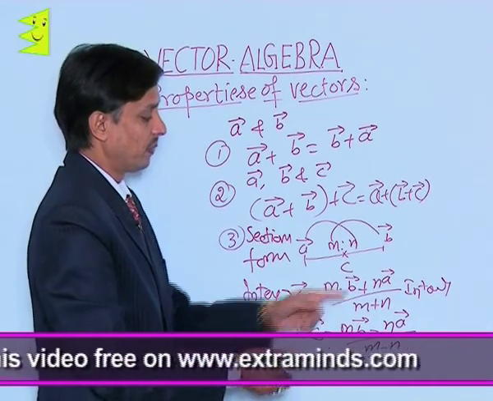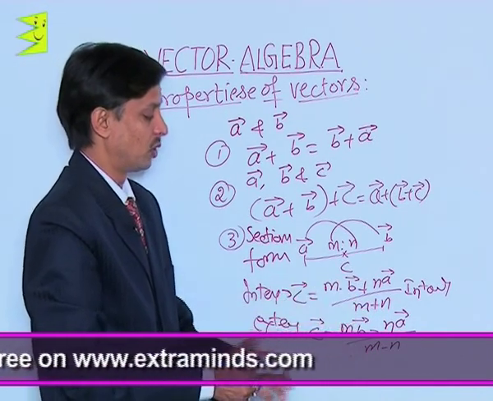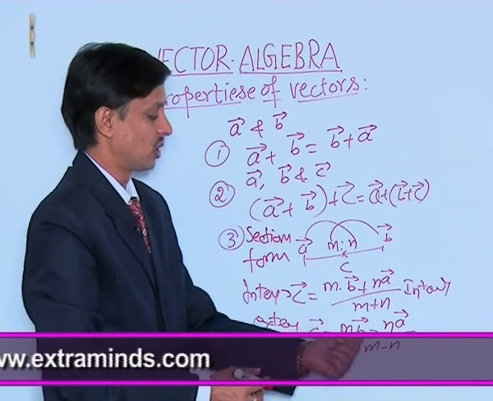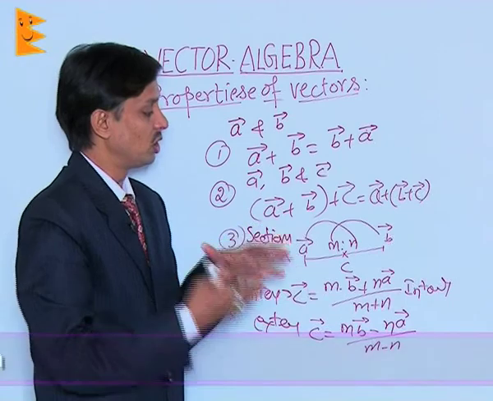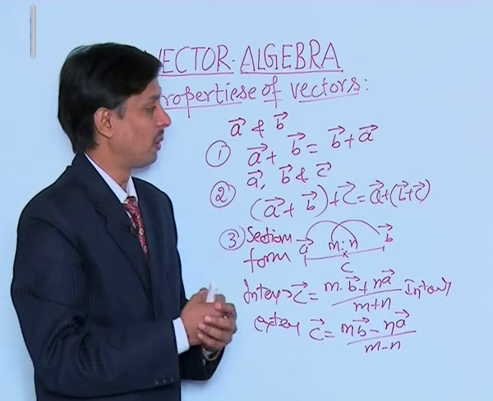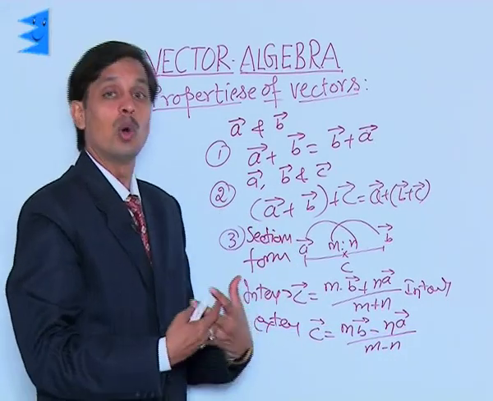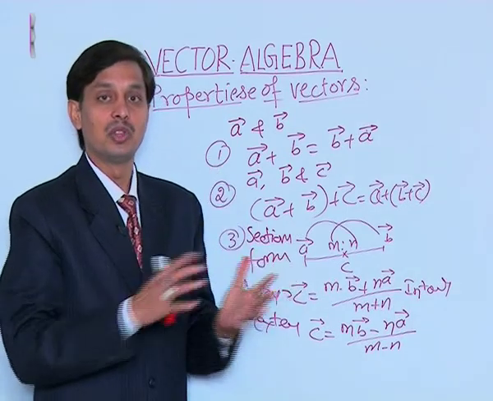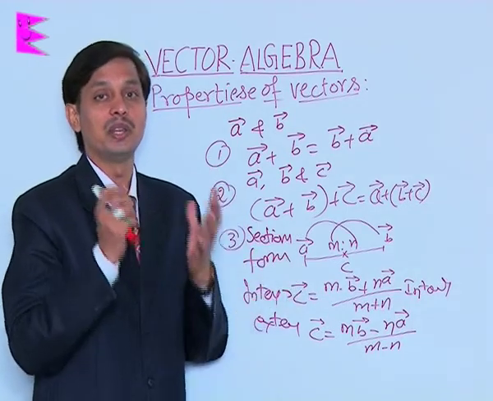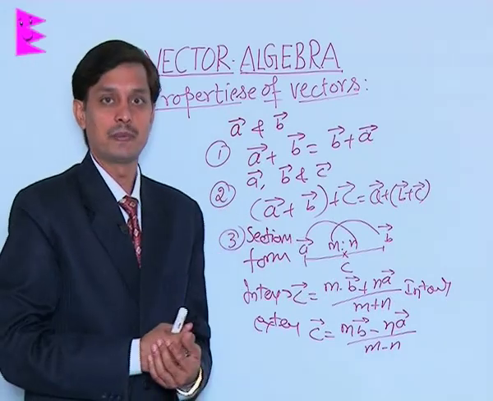In the internal case, numerator and denominator are both positive, and in the external case we take the negative sign between these two. So these properties we need to remember, and when you want to multiply any vector with a scalar, then a simple, ordinary multiplication takes place.